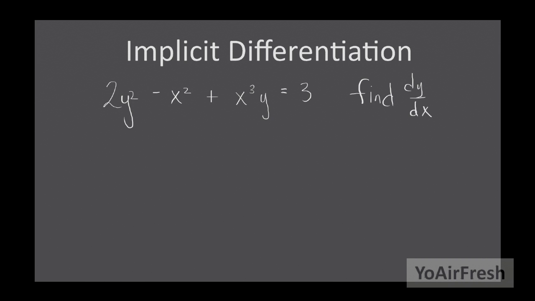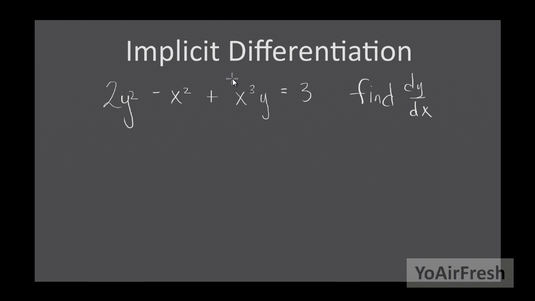Let's really look at this problem here. We've got 2y squared. When we take the derivative of that, we're definitely going to have to attach a dy dx, so keep that in mind. Minus x squared, that's just going to be regular differentiation.